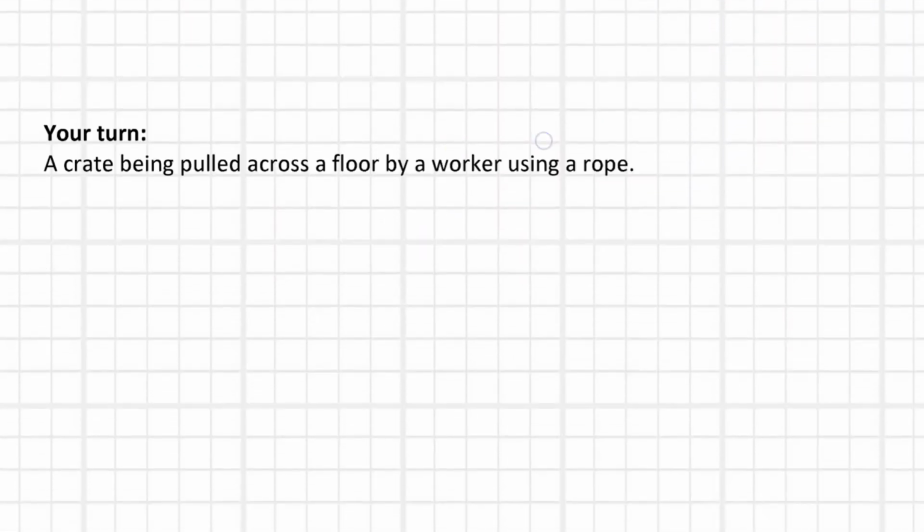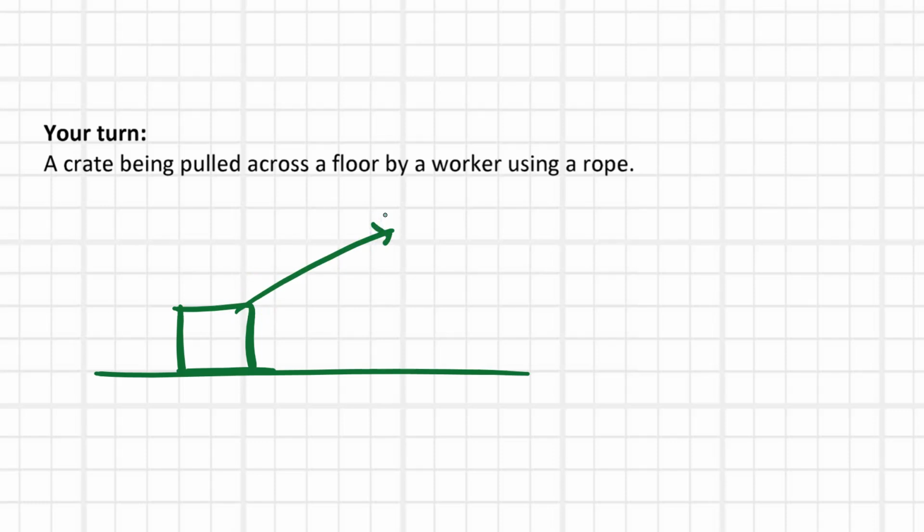All right, last example. Oh, it's a your turn. I'm just going to add some pieces to the your turn here. There's a crate here. It's being pulled across the floor by a worker. I'm going to put in that this is going to be pulled, say, by a rope, at some kind of an angle.